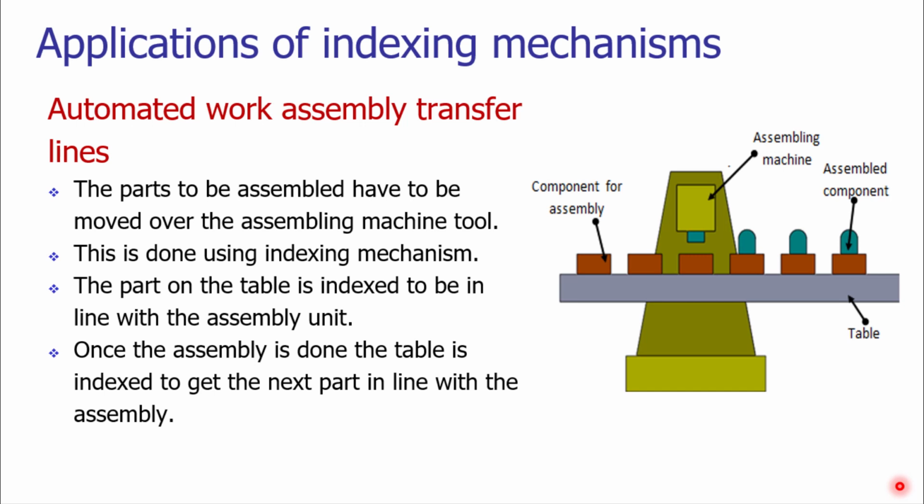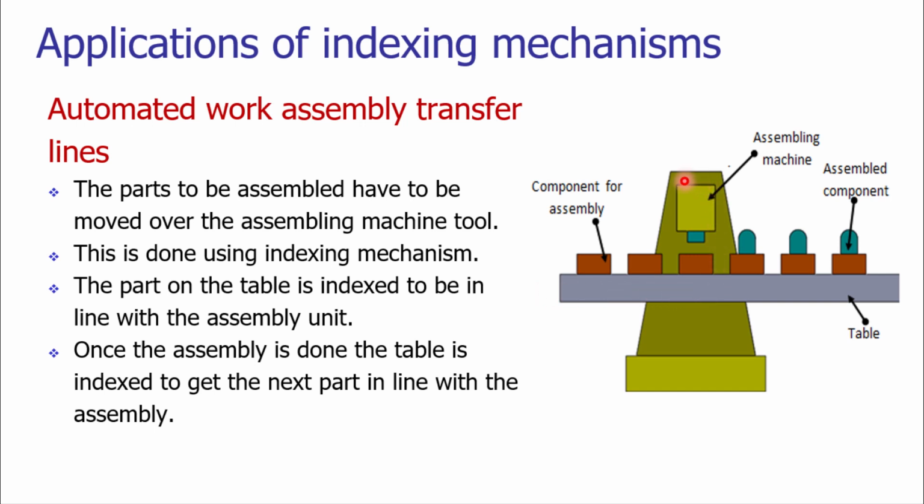In addition to this processing at various workstations, we can have the automatic assembly operation by using the indexing mechanism. Consider there are two subassemblies and we need to assemble them together. So for that purpose, we can have a table, and the table has to be intermittently moved in a linear direction.